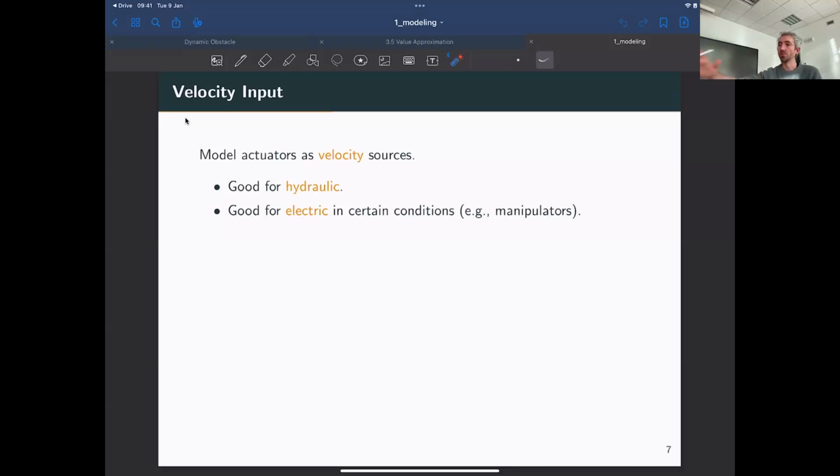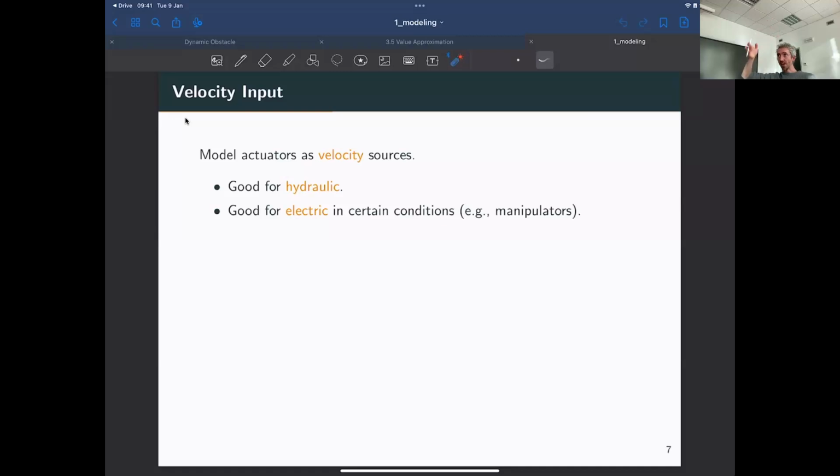So I tell the robot, move at 1 radian per second in this joint. It does it. Then I say, move at -1 radian per second, and it immediately switches the velocity from 1 to -1. Of course, that's an approximation of reality, because in reality, the velocity cannot change instantaneously from 1 to -1.